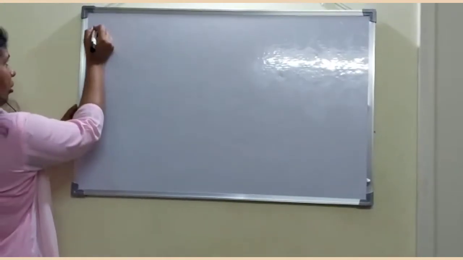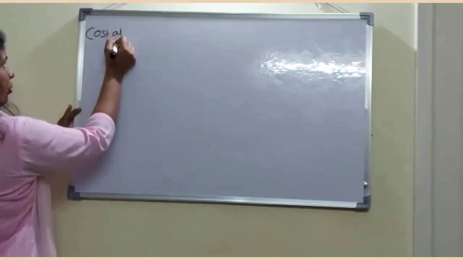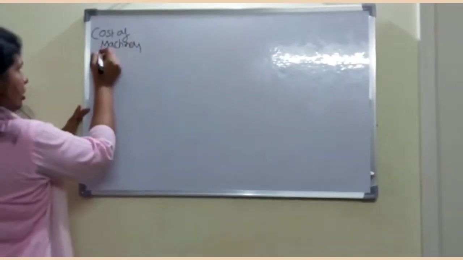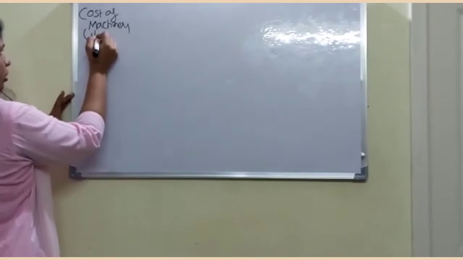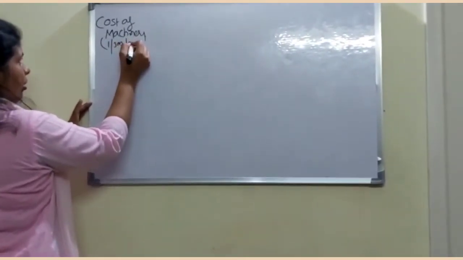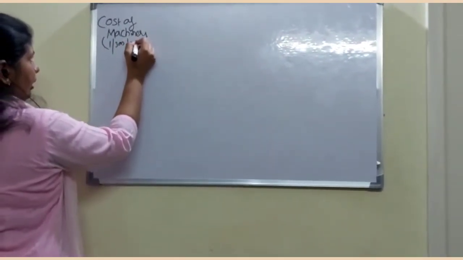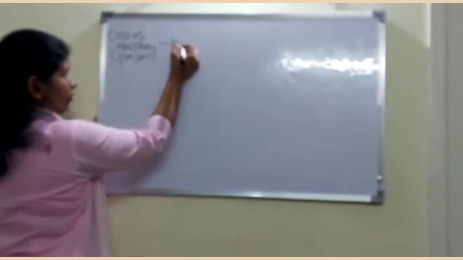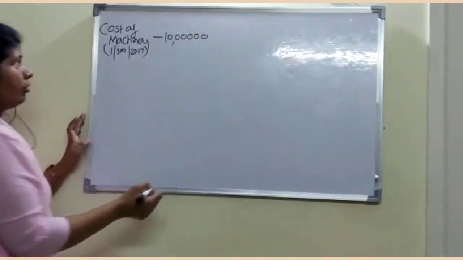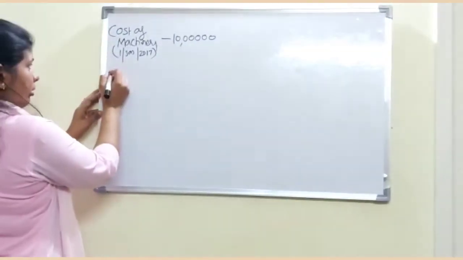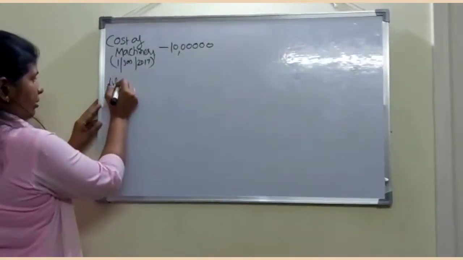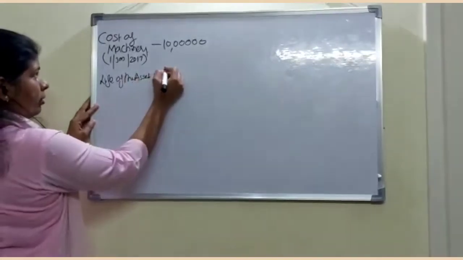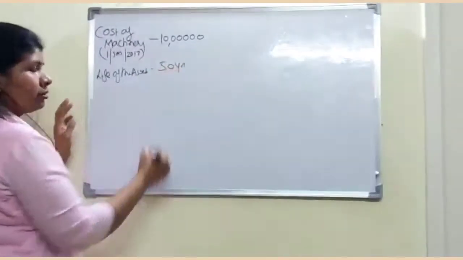If I take a cost of machinery which I bought on 1st January 2017, which is 10 lakh rupees. The life of the asset is 50 years.